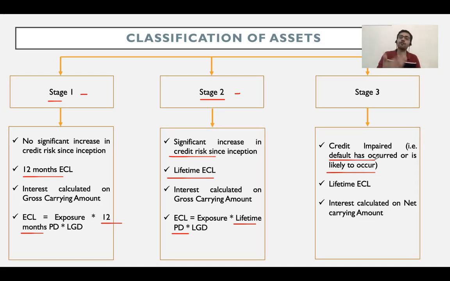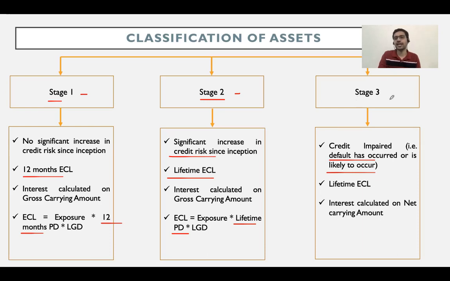He has already defaulted on an interest payment. Interest was supposed to be received by me in the month of January, but he has already defaulted on it, which means he has not paid me money, or he has paid me money, but I now believe that there is a significant chance, or there is a likelihood that he will actually default on the future payments. Either a default has already occurred on one of the past payments, or I now believe that a default may occur on one of the future payments.